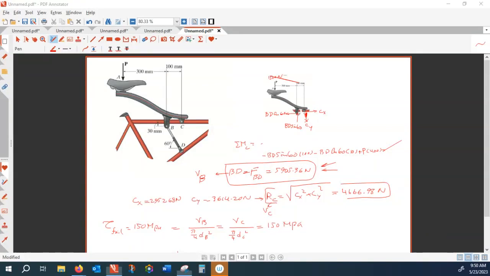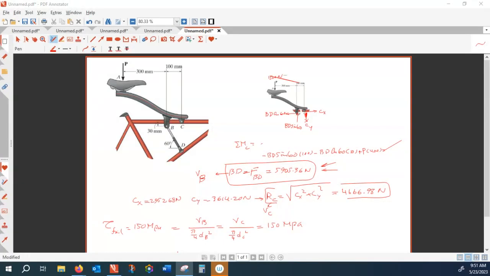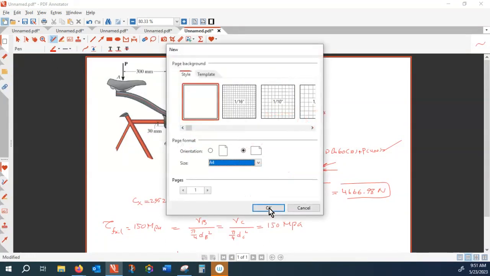So here, everything I did yesterday, that was calculation of the shearing stress or normal stress at one single point, internal force at single point. But if the problem is asking about variation of the internal forces, then you need to plot the shear force diagram, bending moment diagram, and that's the next question.